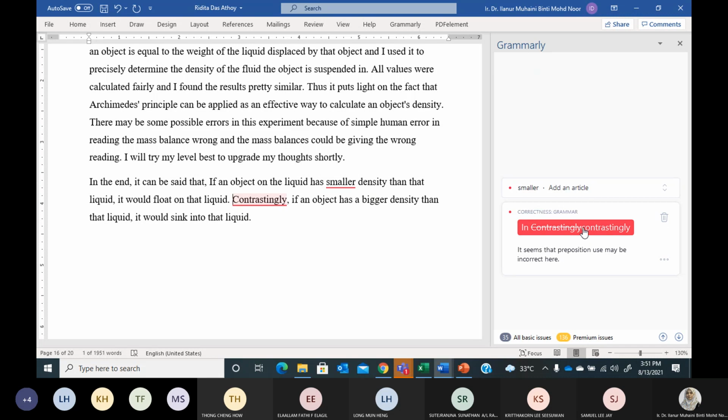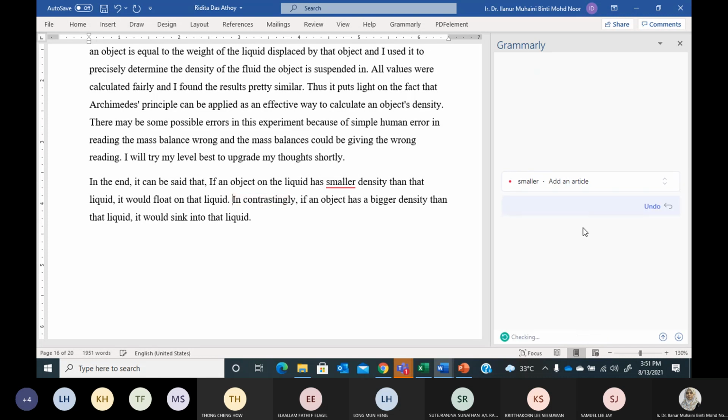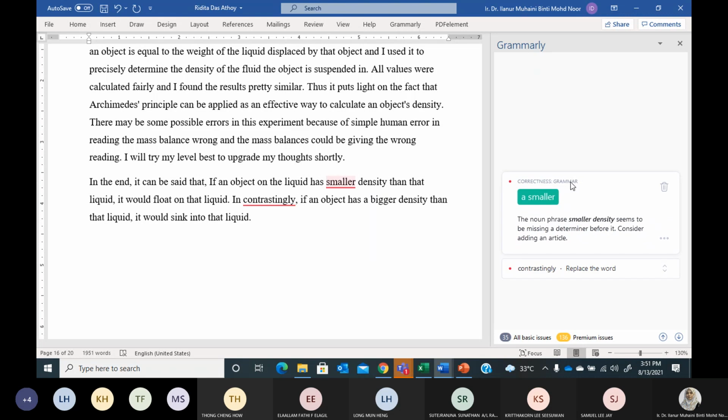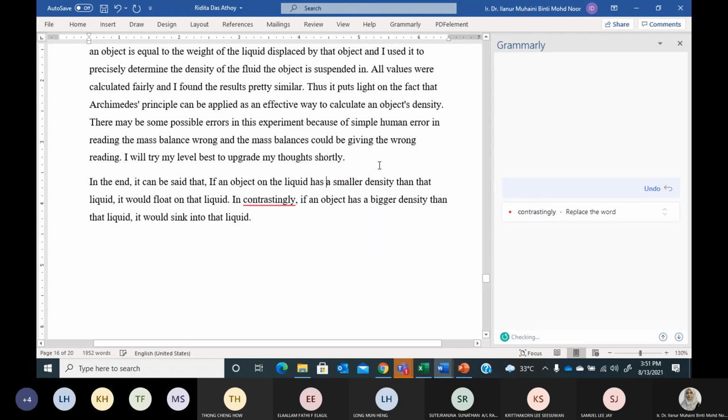Contrastingly, change the preposition. In "contrastingly," okay, like this, maybe it is correct also. "Has a smaller density." No need also can. But because this Grammarly is perfect grammar, it is better to add "a." Okay.